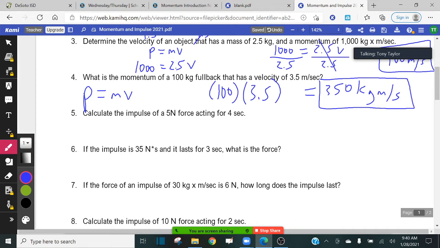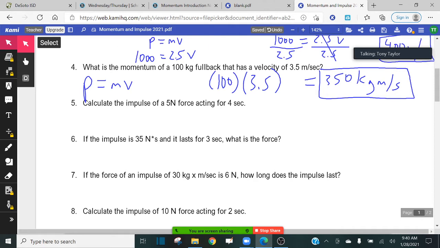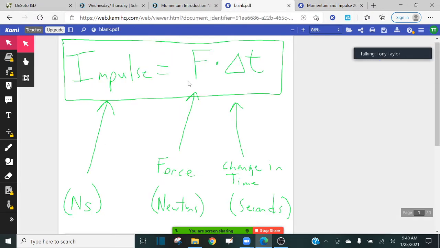All right, number 5 says calculate the impulse of a 5 Newton force acting for 4 seconds. Now this is where we get into the equation I just introduced to you guys at the beginning of this class. That is the equation for impulse. Impulse is just your force multiplied by some sort of time interval, or some sort of change in time.